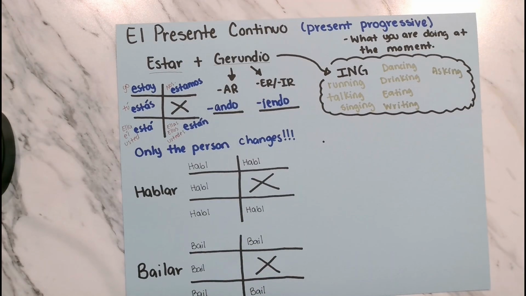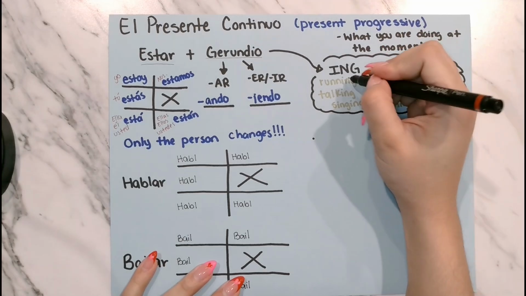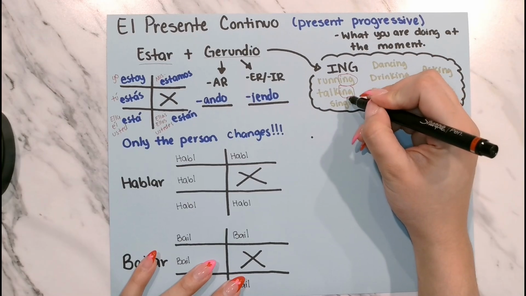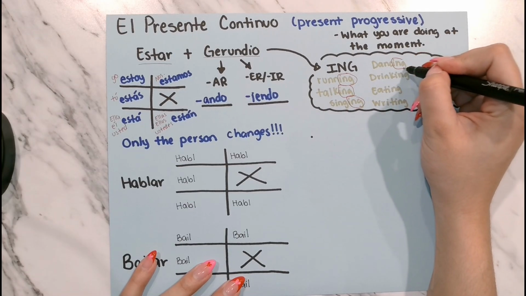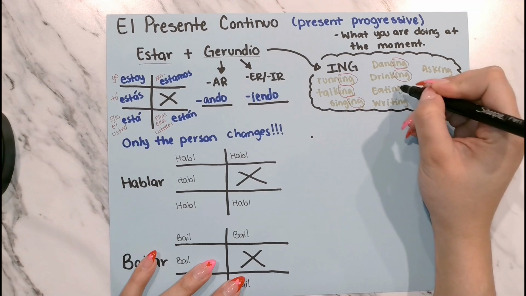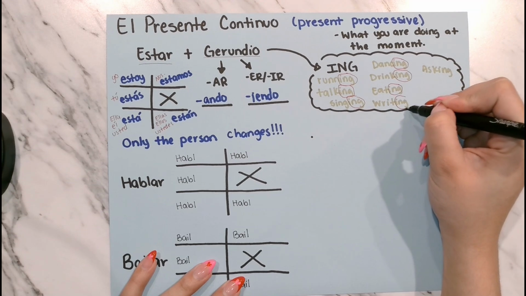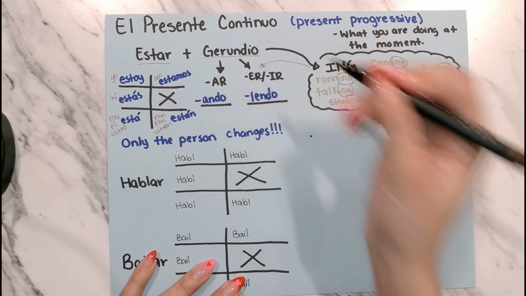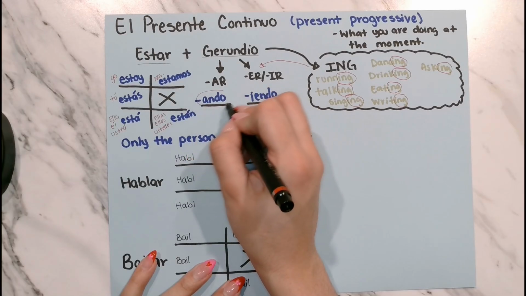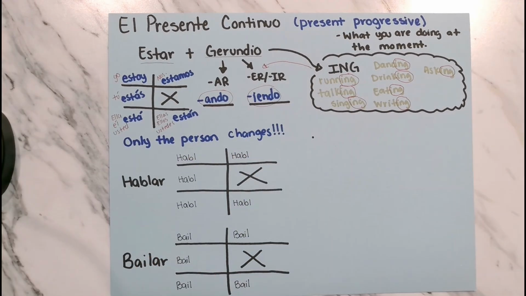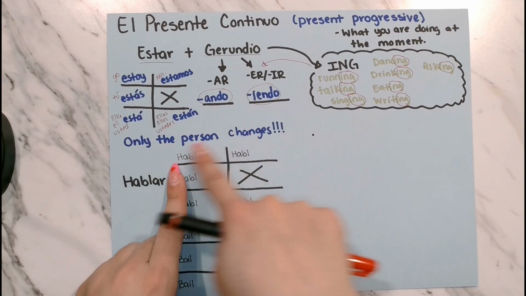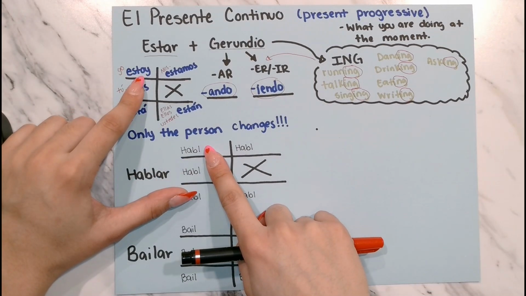Okay? These last three letters are el gerundio in English. These last three letters in Spanish translate to this: ando, yendo. Okay? Now, when we are doing this, the only one that changes is whoever you're talking about.